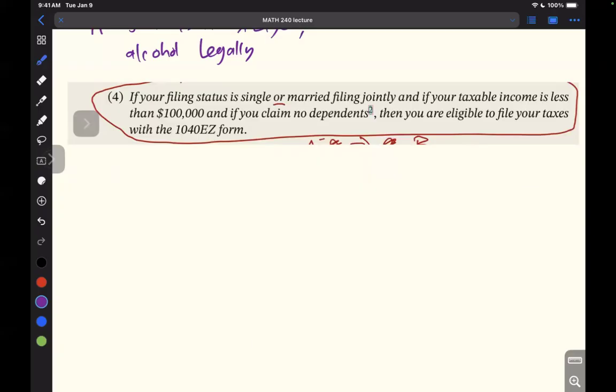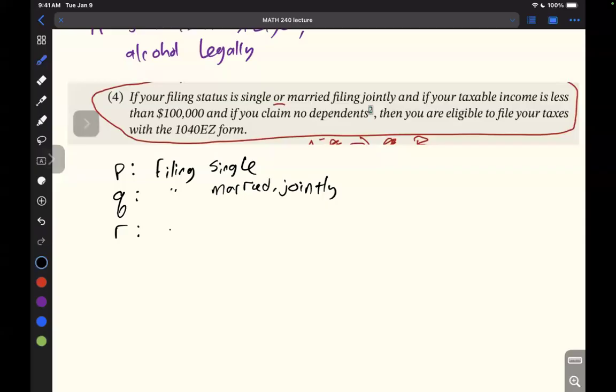So what's P? And then Q is filing jointly. R is your income is less than 100,000.